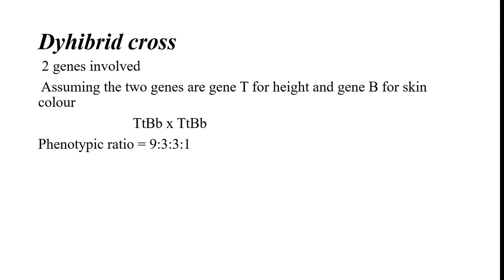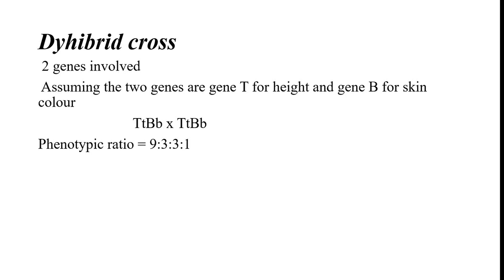It means those offspring have both the dominant genes, that is capital T and capital B, in their genotype. So if you have something like capital T capital T, capital B, that is going to count within that 9. So the 9 has at least one of each dominant allele, alright.